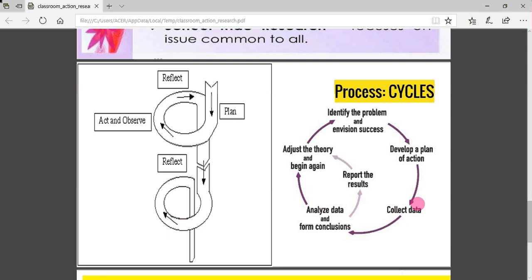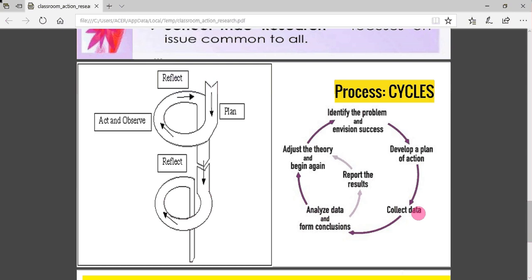If the problem deals with motivation, then the data will rely much on interview and observation.